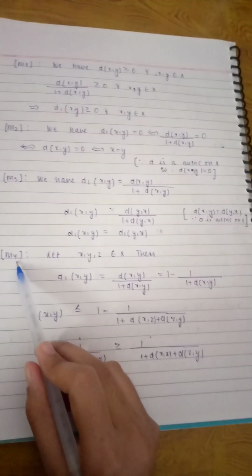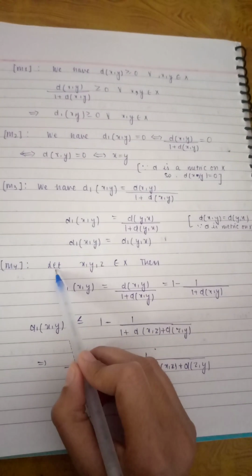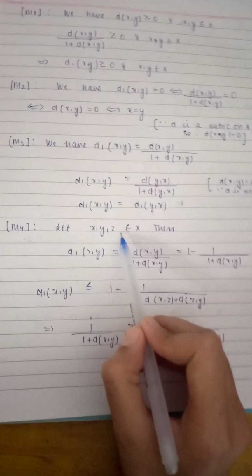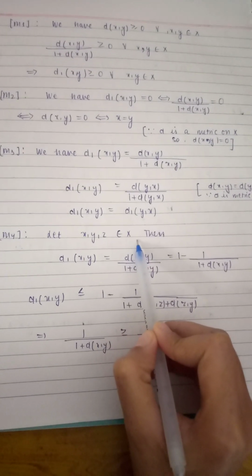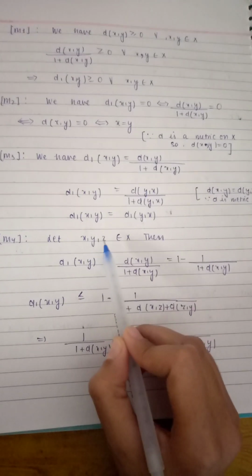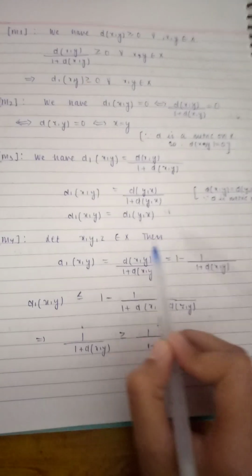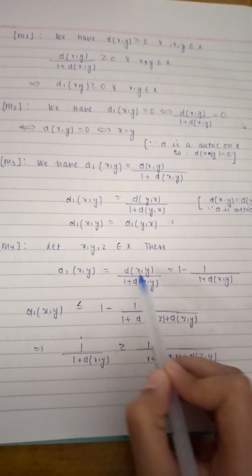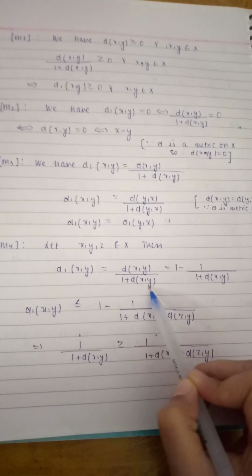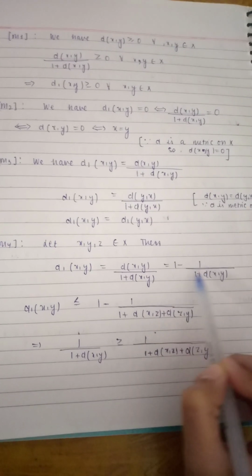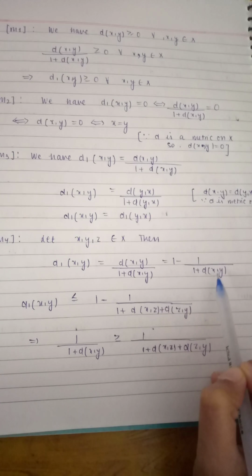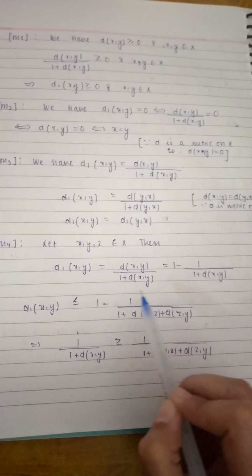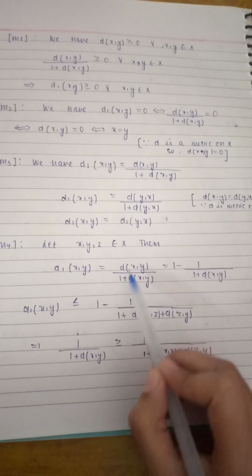Now let's come to the fourth axiom. So let x, y, z belong to X. These are the three points which are in X. Then we can write d1(x,y) equal to d(x,y) upon 1 plus d(x,y), which is equal to 1 minus 1 upon 1 plus d(x,y), on separating the numerator and denominator.